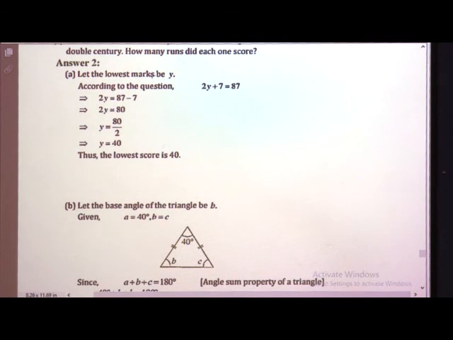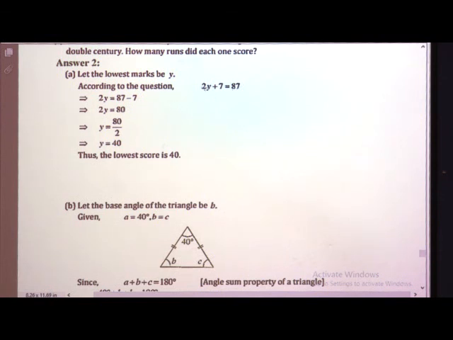Let the lowest marks be y. According to the statement, we first have to find the equation. So, 2y plus 7 is equal to 87.